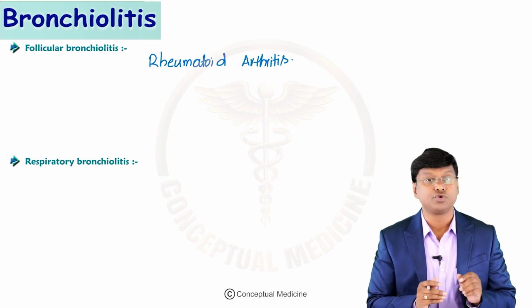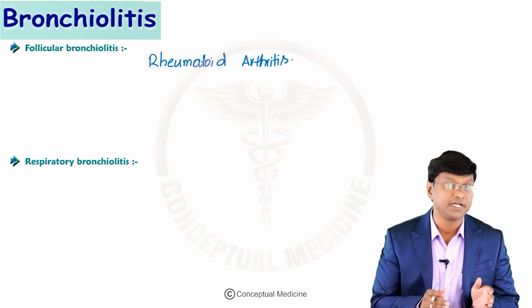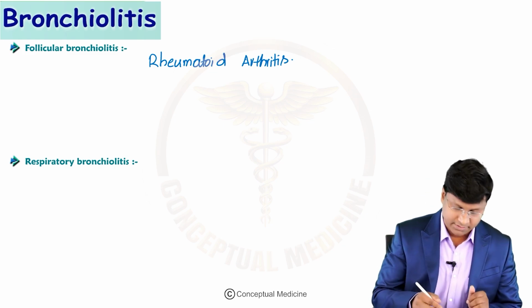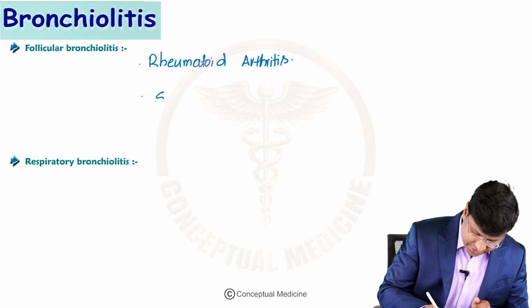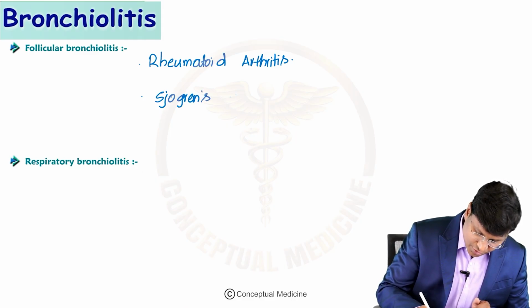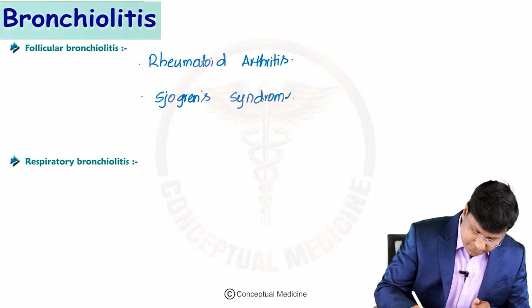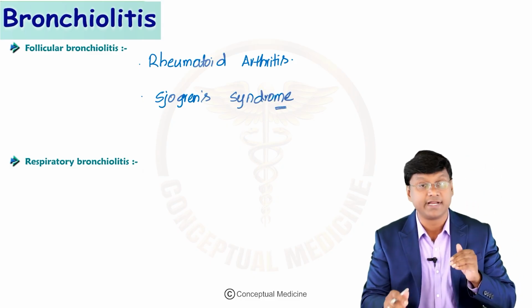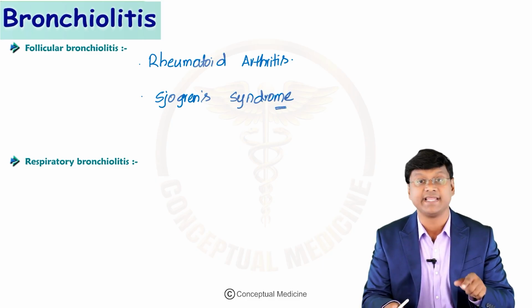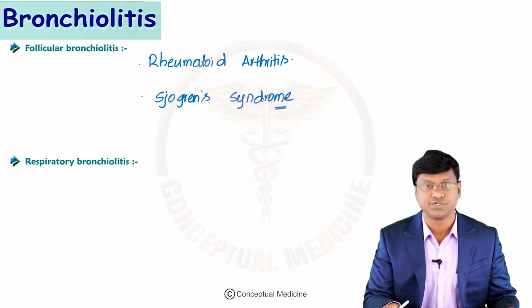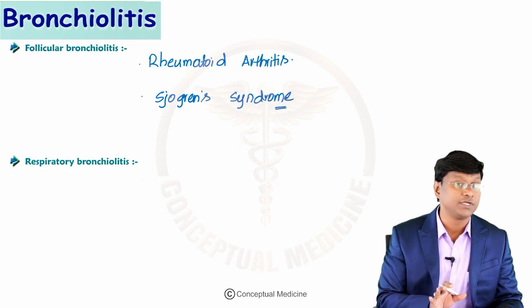This follicular bronchiolitis can also be seen in patients with Sjogren syndrome, a clinical condition characterized by dry mouth as well as dry eyes. So that is about follicular bronchiolitis.